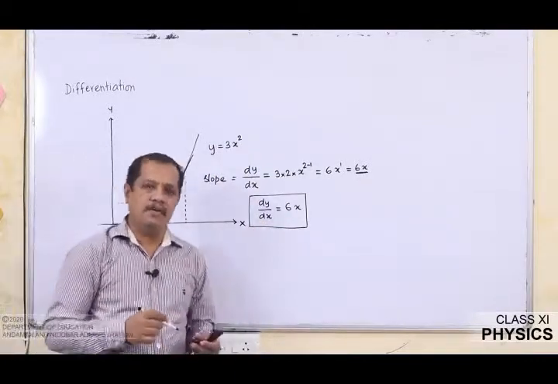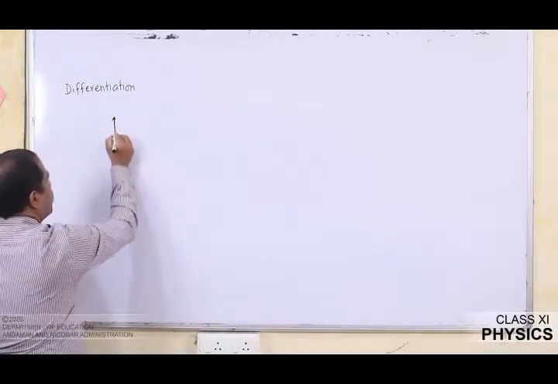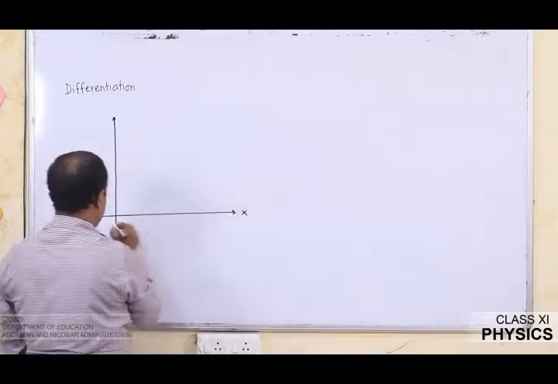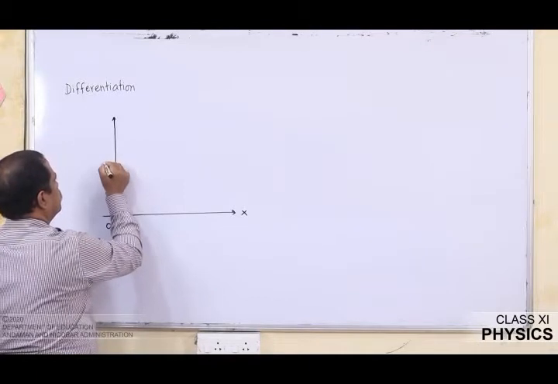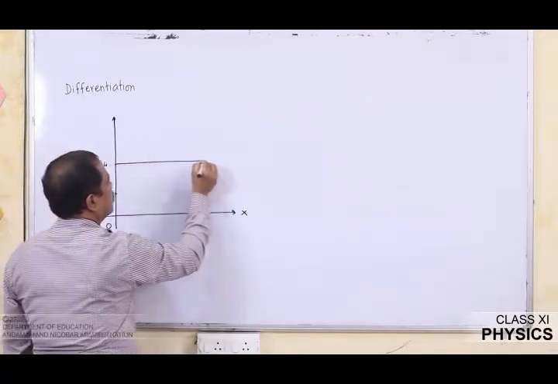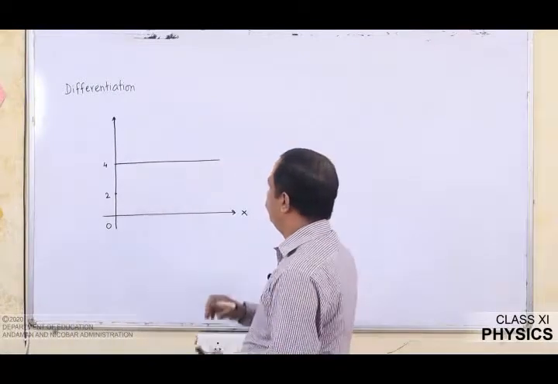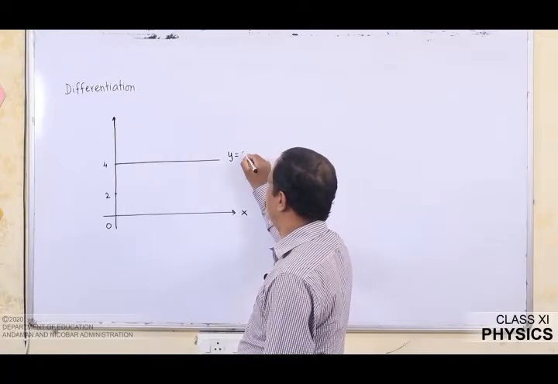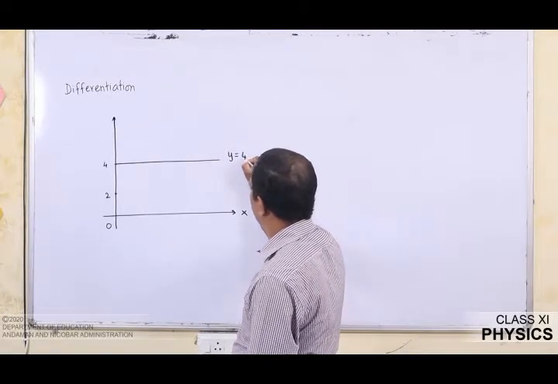Let us have a look at another graph. So, the graph is a straight line, and for this, if you ask me what is the equation, then straight away y is equal to 4.